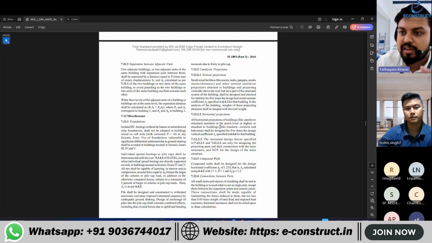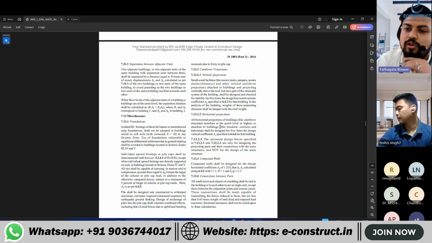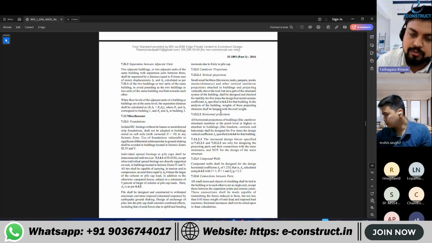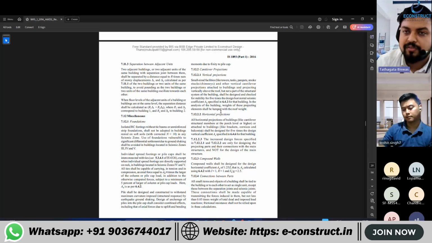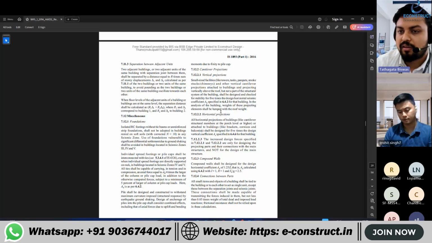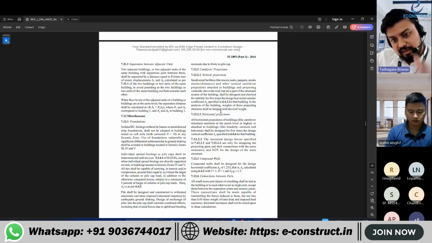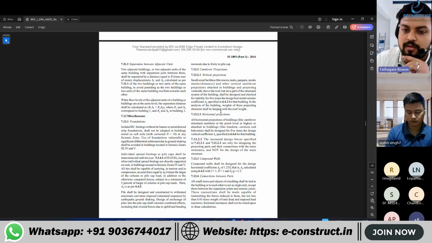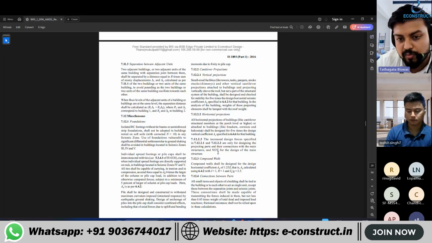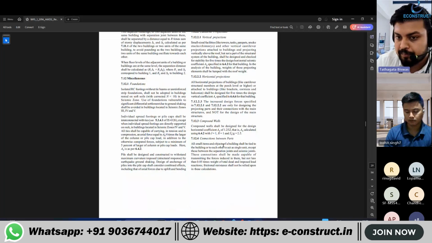Anyway, 1.5 times we are taking for the backspan, so if the backspan is there, this will not govern in the vertical earthquake. It will act as a monolithic action. And the reinforcement is also put in such a way that it is 1.5 times extra. On top of that, again taking 5 times of extra AV is not required for smaller projections. For bigger projections, maybe yes. That is the thing.